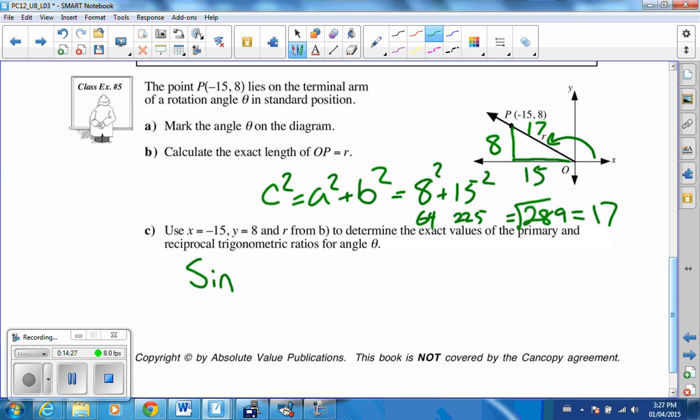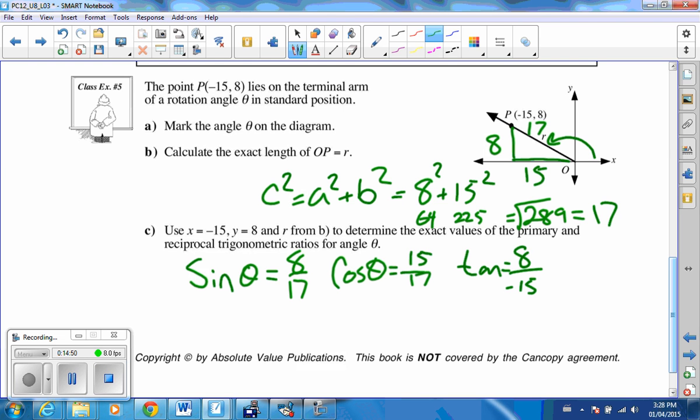My sine of theta is going to be 8 over 17, y over r. Cos theta is going to be 15 over 17, or x over r. My tan is going to be 8 over 15, actually negative 15. My cos will also be negative 15. Negative 8/15 for my tangent.